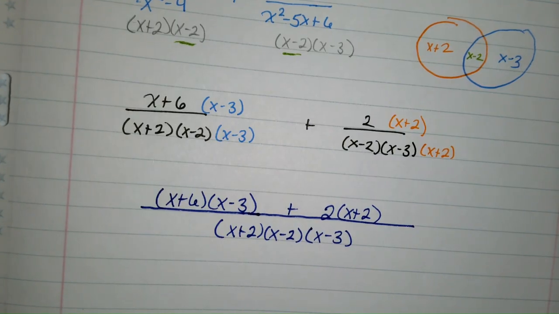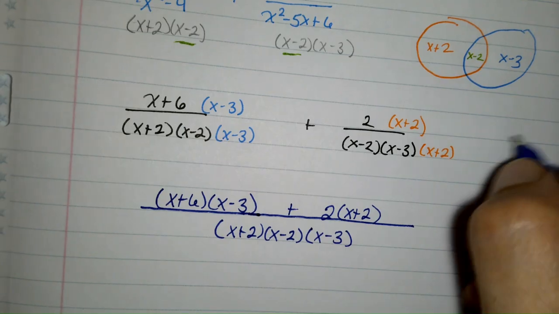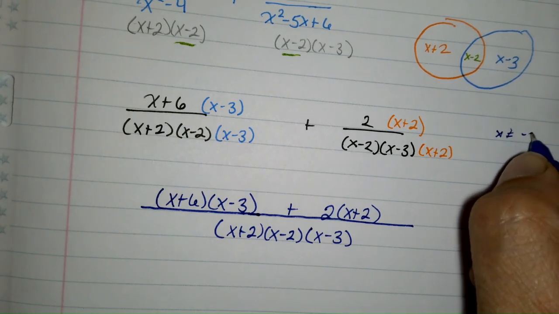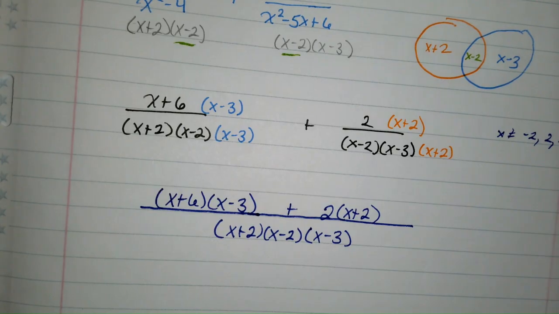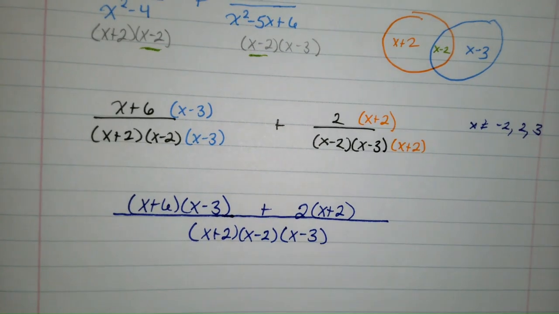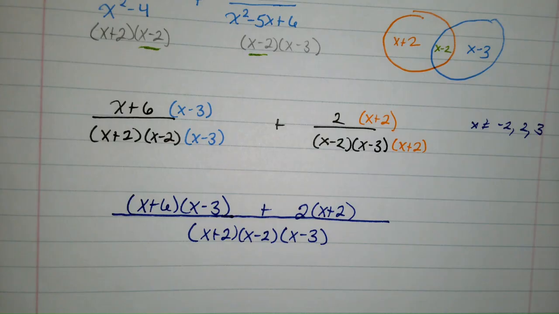Okay, so we factored the denominators. We didn't write down our domain errors yet. We did skip that step: negative 2, 2, and 3. And now we've added and subtracted our fractions. But again, the numerator either has to be in perfect factored form or no parentheses at all. The denominator is in perfect factored form.